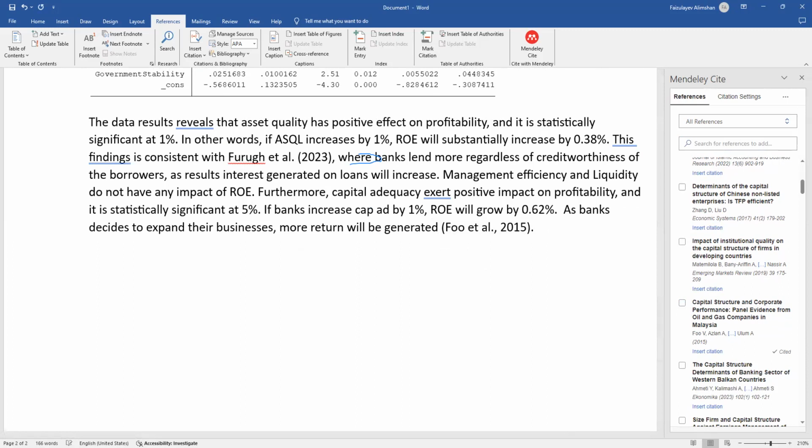So in here, you don't have to say that it is consistent or not. So it means you're already comparing. The idea is that your results should be compared with the previous studies. And one thing you should not forget, the theory that you selected, that you're going to test. Let's say I selected the theory of economies of scale, okay? Which means if you increase the production, you will bring more profits.